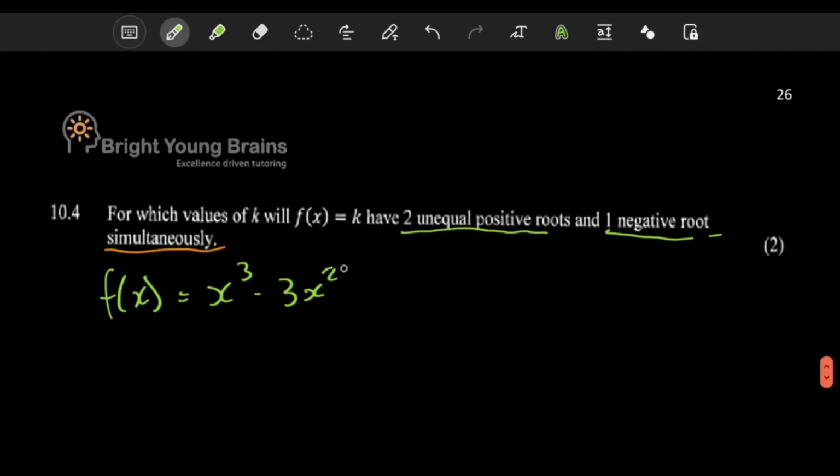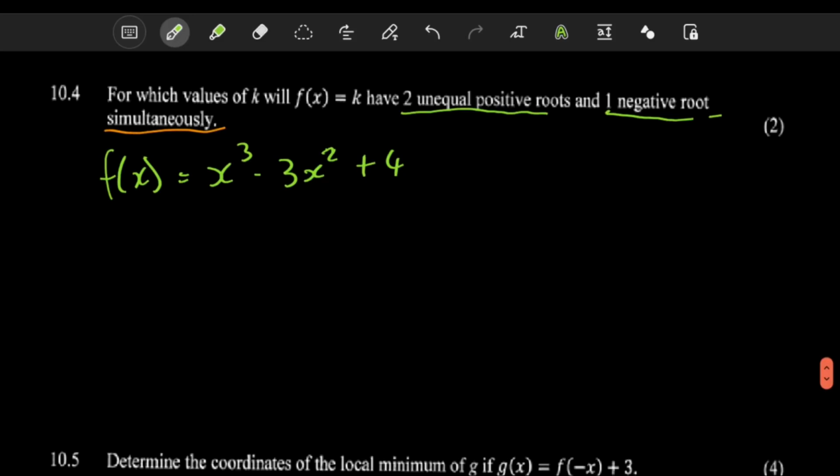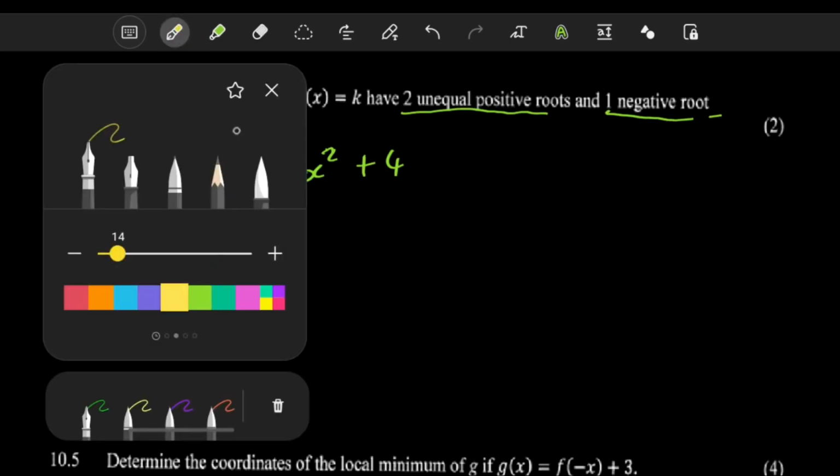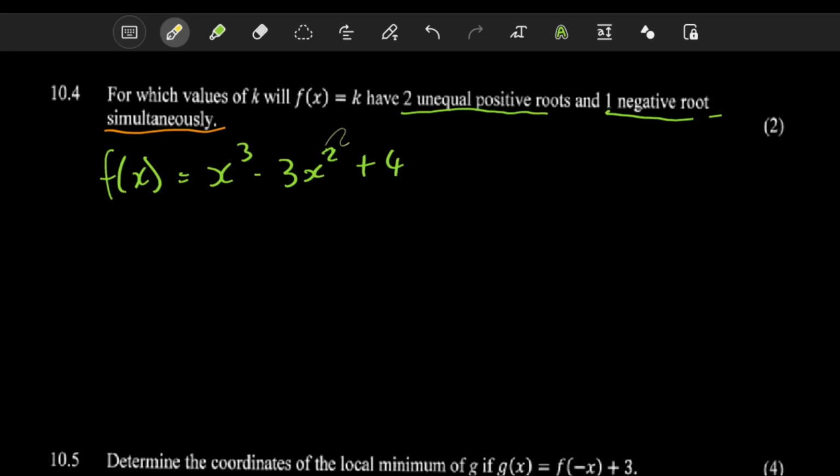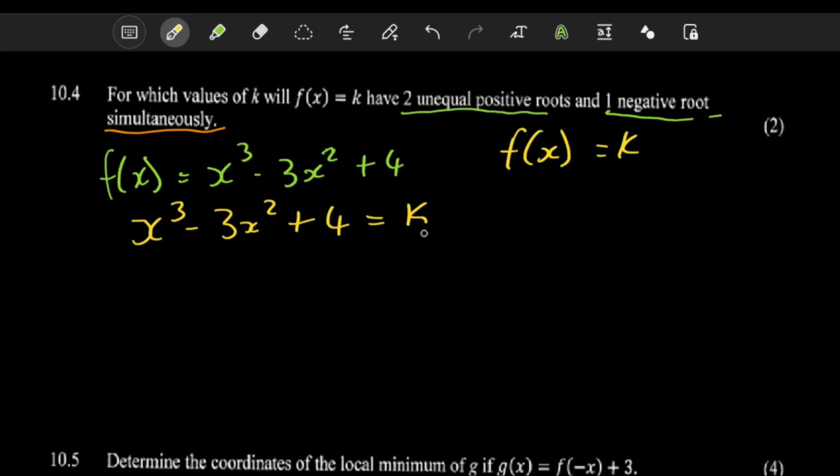Now the idea here is, this expression of f of x equal to k, if you say f of x equal to k, you end up with x cubed minus 3x squared plus 4 equal to k. If you take everything to one side, you have x cubed minus 3x squared plus 4 minus k equal to 0.